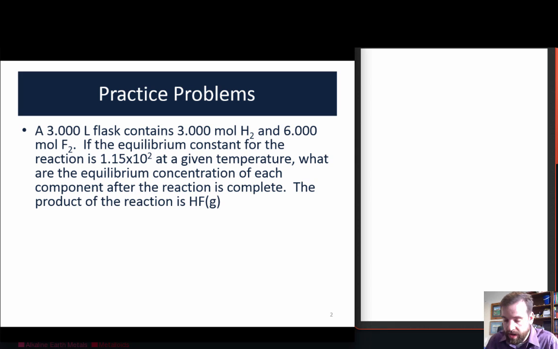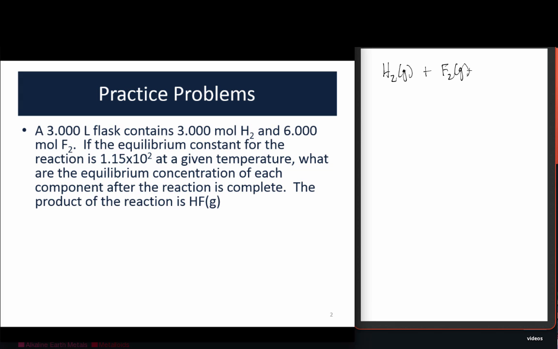First thing we need to do is write a chemical reaction. So we can write H2 gas plus F2 gas is going to reach equilibrium with 2HF. So we know that's our chemical reaction. We can then write an expression for K from this chemical reaction.